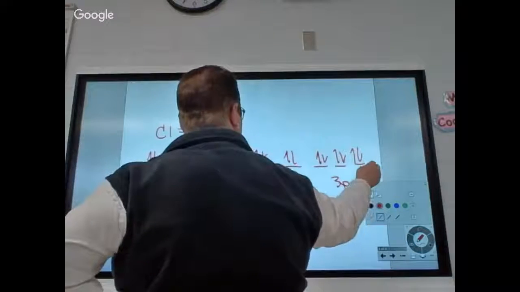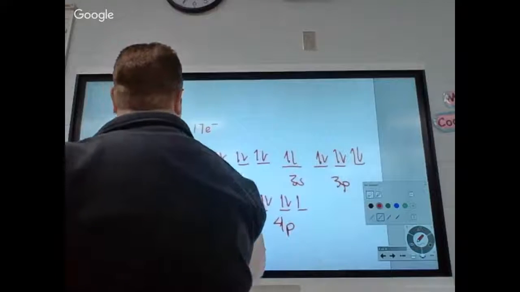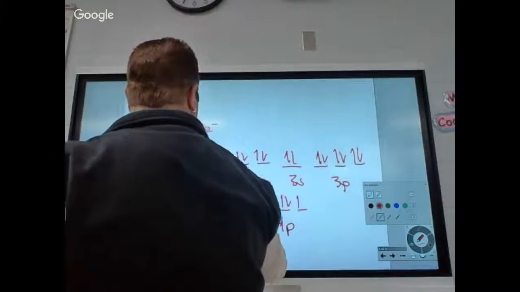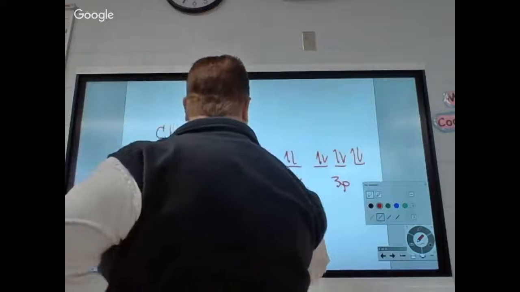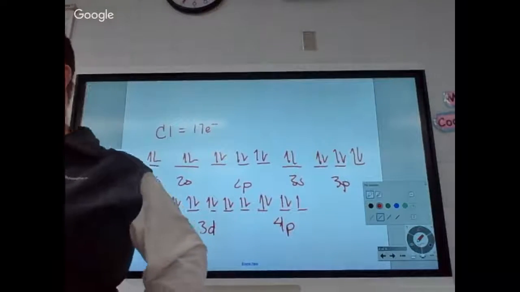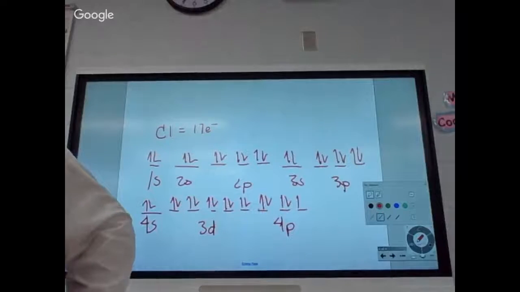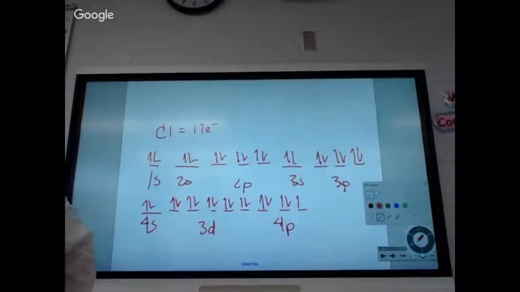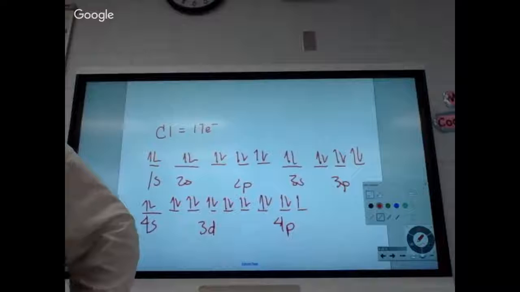So that's what? 9, 10, 11, 12, 13, 14, 15, 16, 17, 18. Because that's Br right there. There's 18 lines there for bromine. And everybody's full except the last one, but it didn't say full. It just said contained electrons, which is why it's 18.